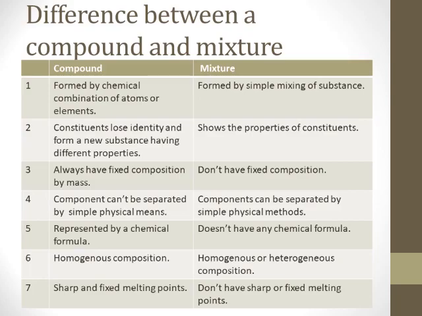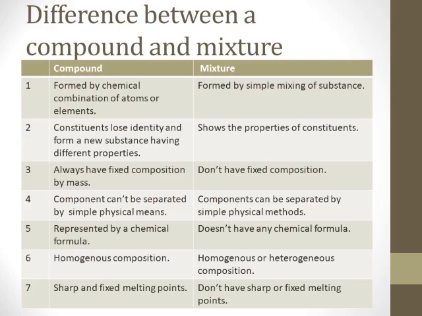As we have studied in the definitions, compounds are formed by chemical combination and mixtures are formed by simple mixing of substances. So this is the first difference. And the second difference is, when a compound forms, the elements lose their identity and properties. When carbon dioxide forms, the individual properties of carbon and oxygen are lost and it has new properties.